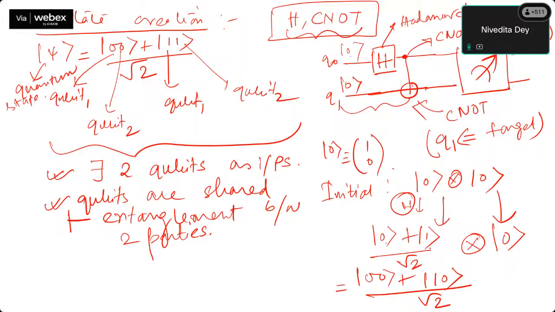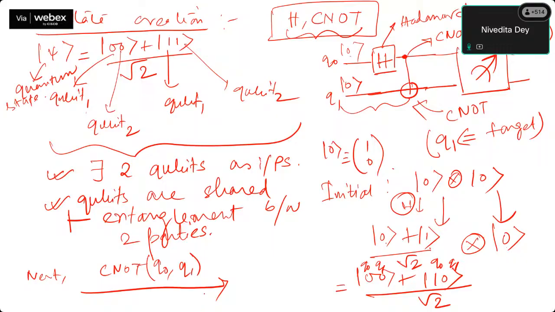Right? The next step is that we apply a CNOT gate, where q0 is the control and q1 is the target. This is q0, this is q1, this is q0, and this is q1. Remember, qubit 1 is the first one, and similarly the second ones are qubit 2.